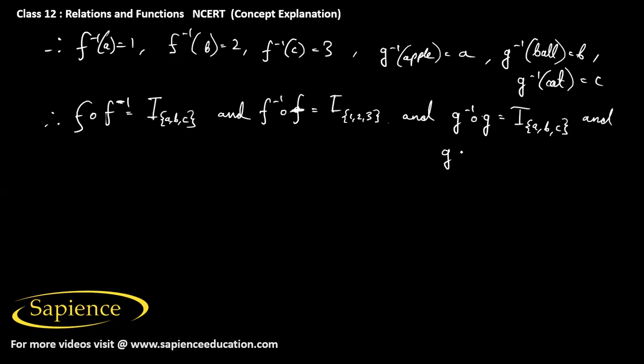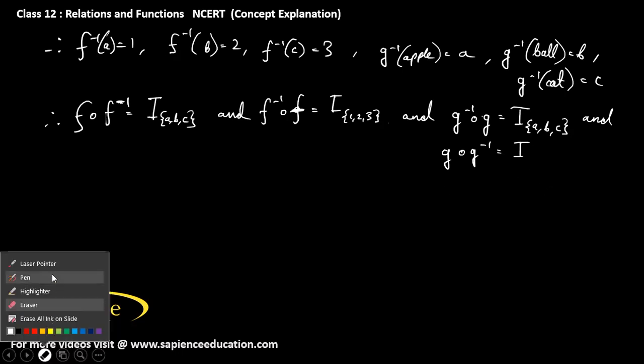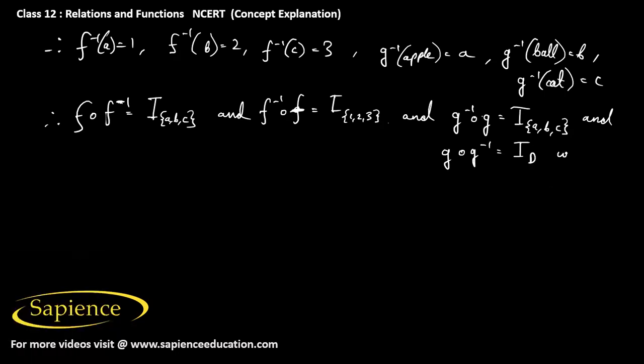And g of g inverse will be the identity on the set D, where the set D is apple, ball, cat. So it means that f inverse exists and g inverse also exists.